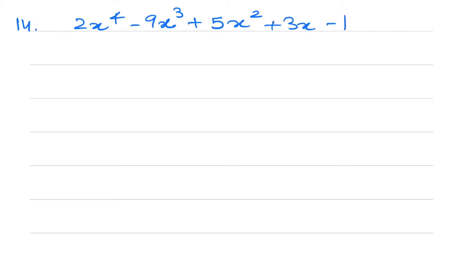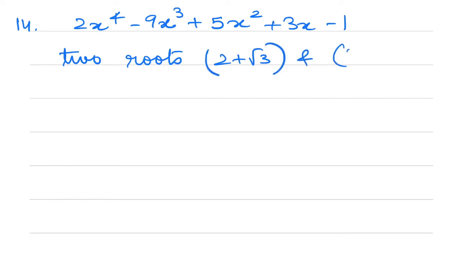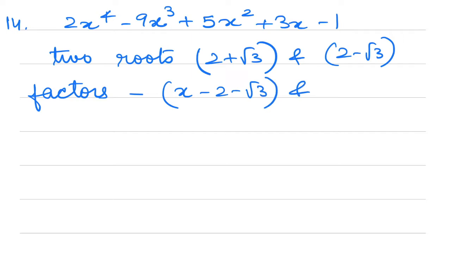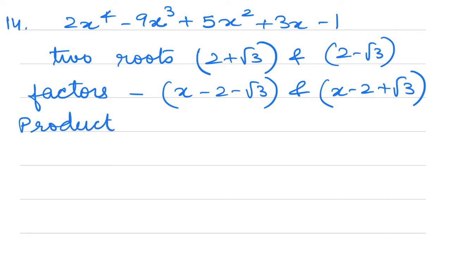We need to find out all zeros of this polynomial. Two roots are given, so two factors will be x minus 2 minus root 3 and x minus 2 plus root 3.